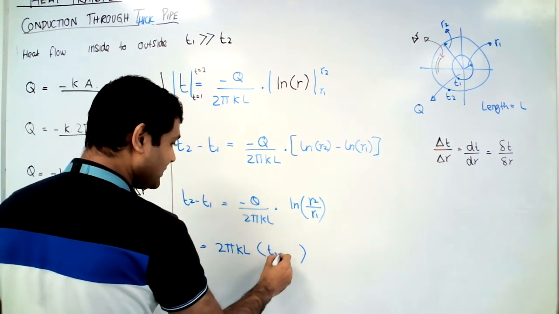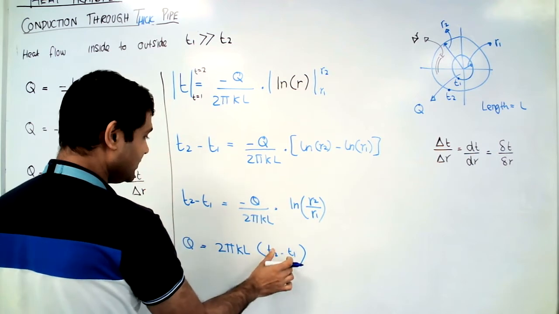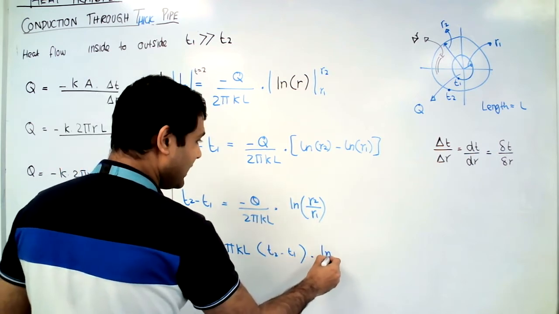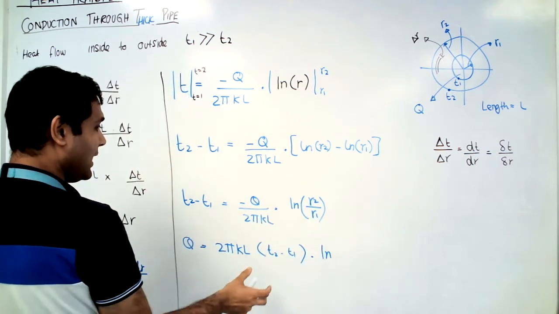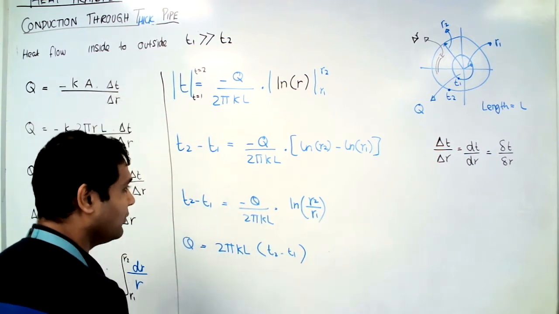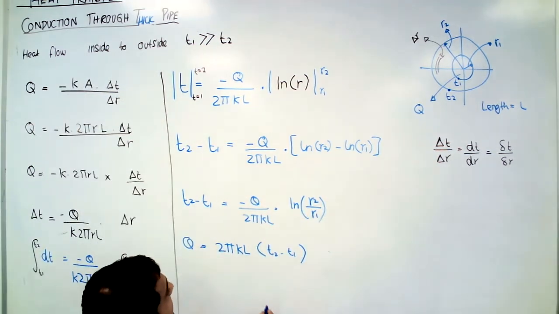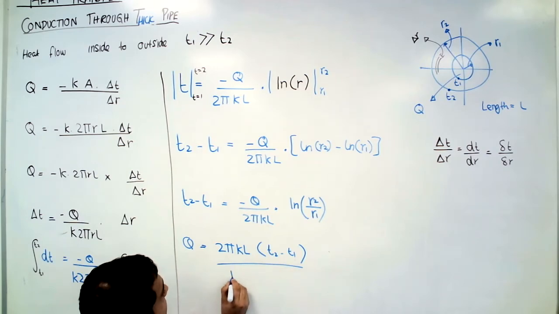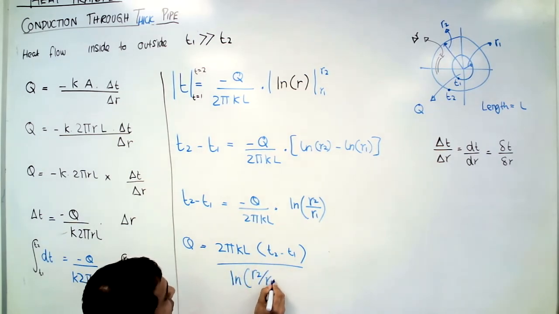I'm going to write it, but I will rub it out in a minute. And ln, you just take the ln from here and put that on the other side, so that will be divided by ln R2 over R1.